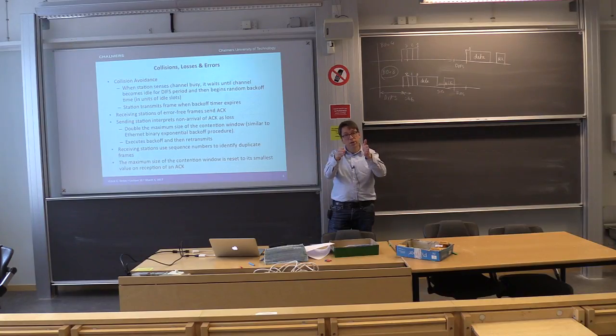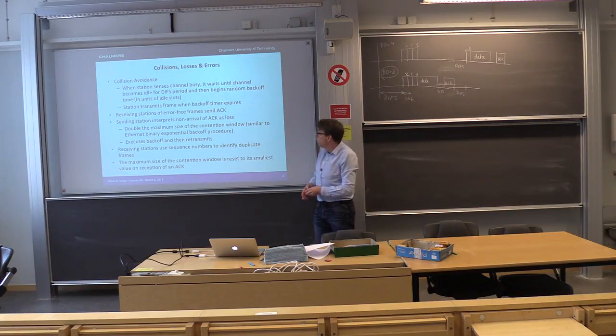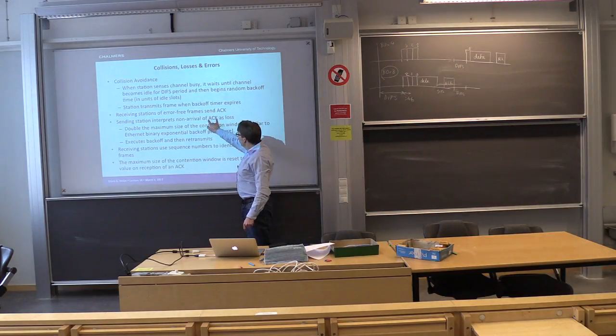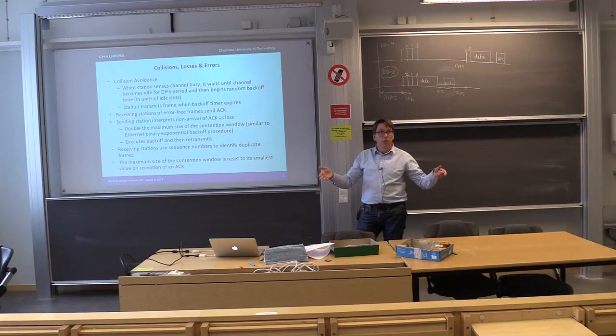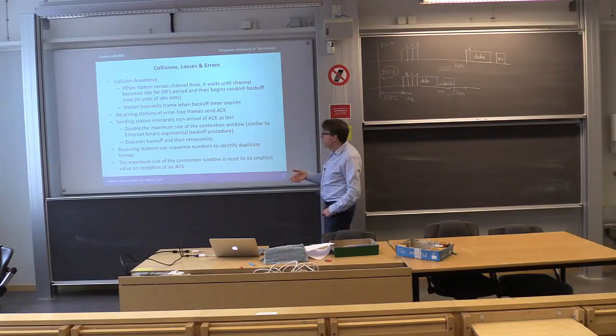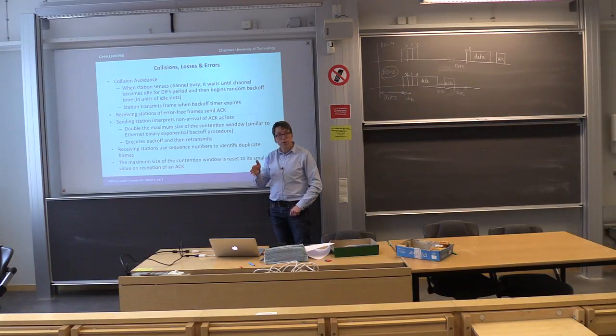Because the shorter the interval is, the more likely it is that two stations get the same backoff counter and a collision. So what do we do? Whenever we don't hear an ACK, we double the size of the contention window. That is, double the maximum value of the backoff counter. And thereby we reduce the risk of a subsequent collision.